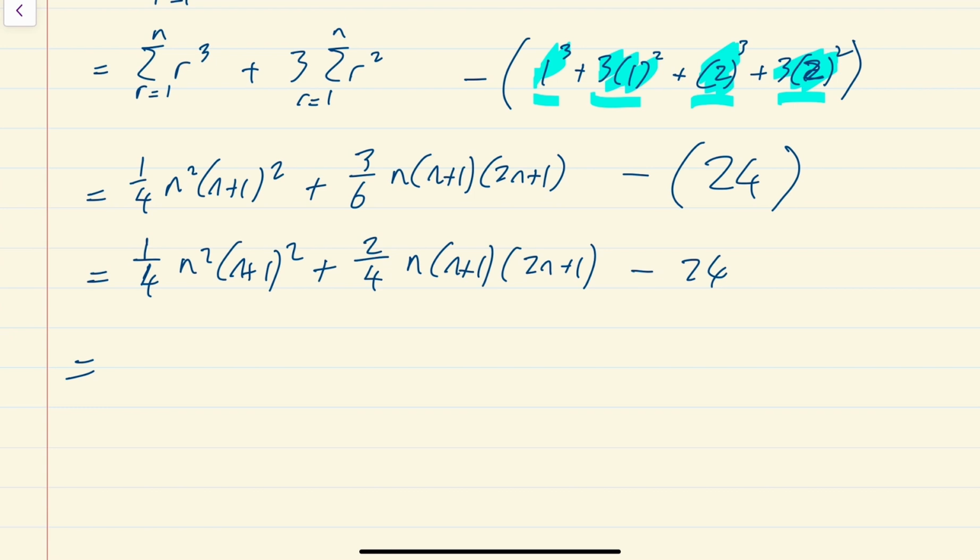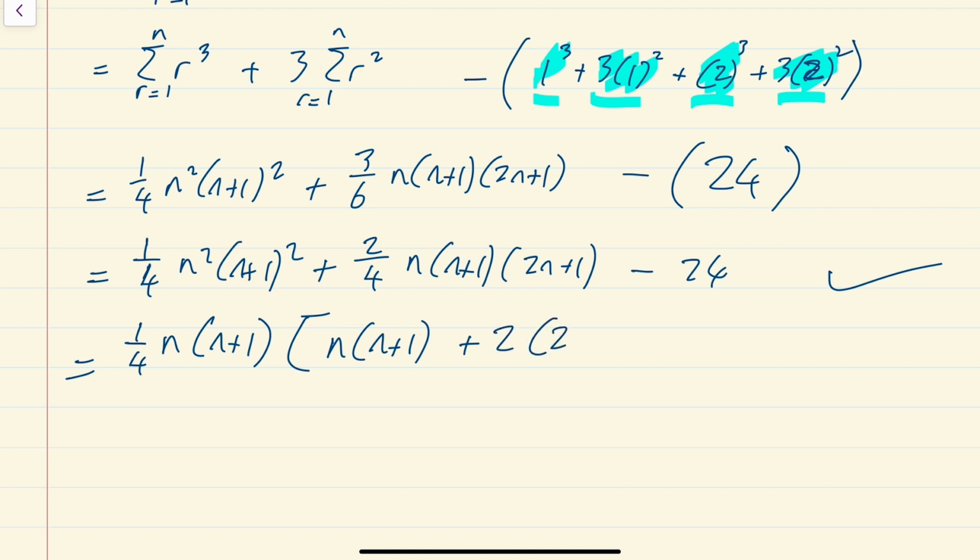We could take a quarter n times n plus 1 outside a bracket for this first bit. This is just changing it a wee bit, it's probably going to give you the marks. That's going to be n times n plus 1, and then over here, you've got 2 lots of, it's going to be 2n plus 1, and then the minus 24.